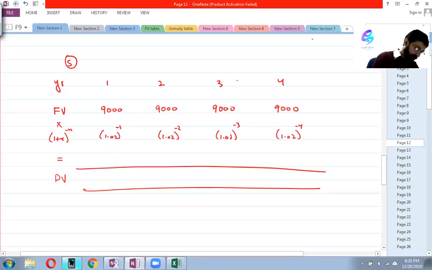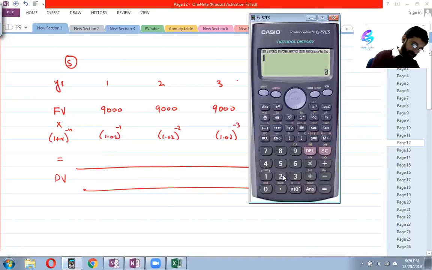So what do you get from 1.02 raised to the power minus 1? It's 0.980, and then you multiply it with 9,000. So what's the present value? 8823 or 8824.